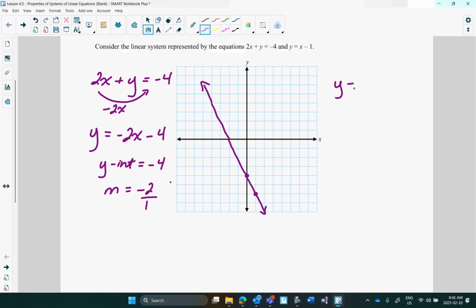The second equation, y equals x minus 1, is already in slope intercept form. What's the y-intercept? -1. What's the slope? What number is in front of x? 1, but as rise over run, we write it 1 over 1.